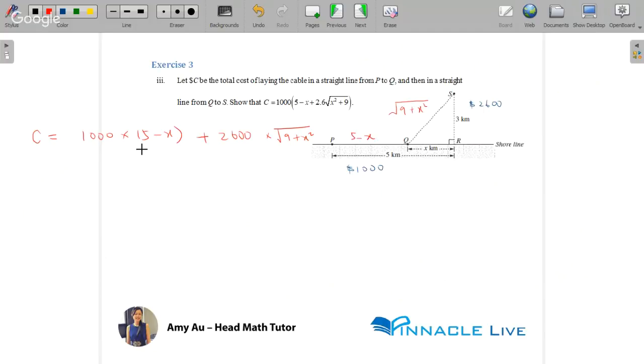Then we just have to make this look like what's in the question. So take out 1,000 first. So that's 1, and that's 2.6. Now it's about making that look exactly like what's in the question. So just tidying it up.